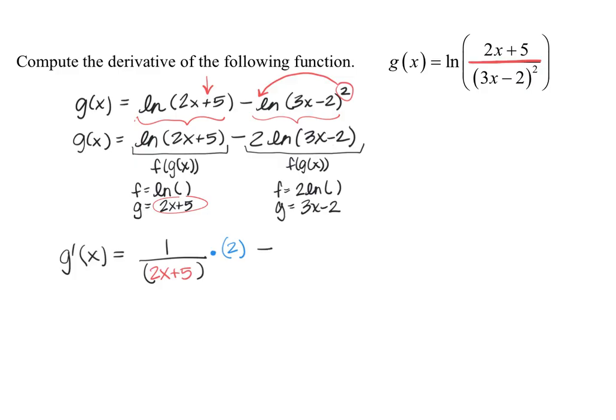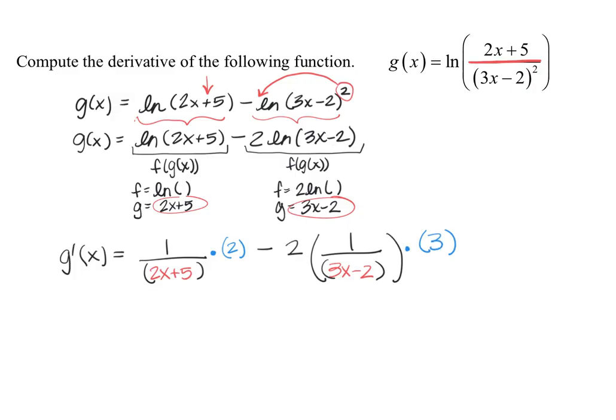Minus, we have a constant multiple of 2, so that'll just be in front, multiplied by the derivative of natural log of something, which again is 1 over something. We'll input the original inner function, which is 3x minus 2, and then multiply that, this is the chain rule, by the derivative of the g function, and the derivative of 3x minus 2 will just be 3.